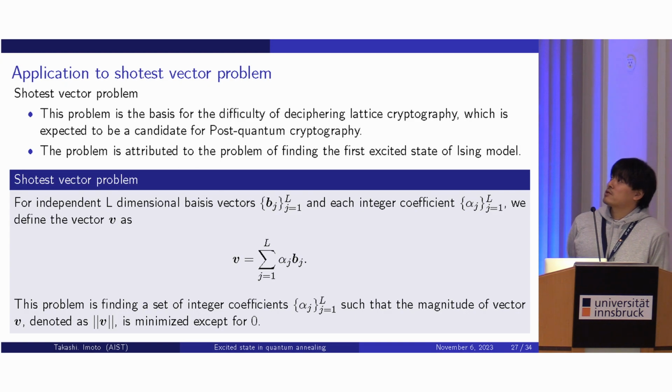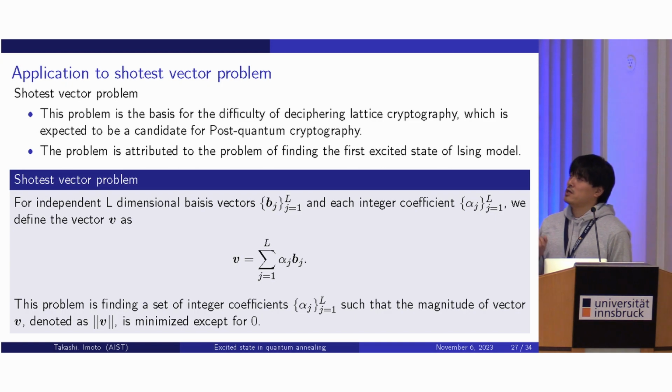Okay, and in detail, we explain the shortest vector problem. For independent L-dimensional basis vectors Bj and each integer coefficient alpha j, we define the vector v as this one.